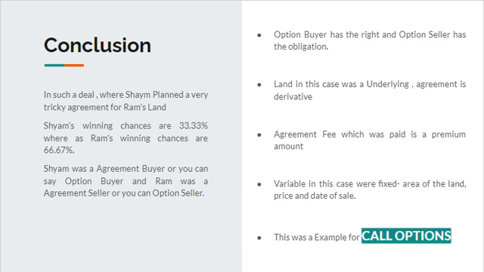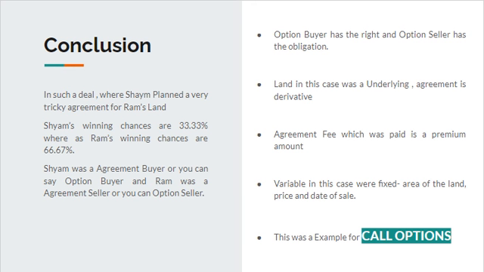Okay, now let us correlate this with options. Here the option buyer has the right and the option seller has the obligation. Like the land buyer has the right to call off the deal, but the option seller cannot. He has to stay in that deal unless the buyer cancels it.